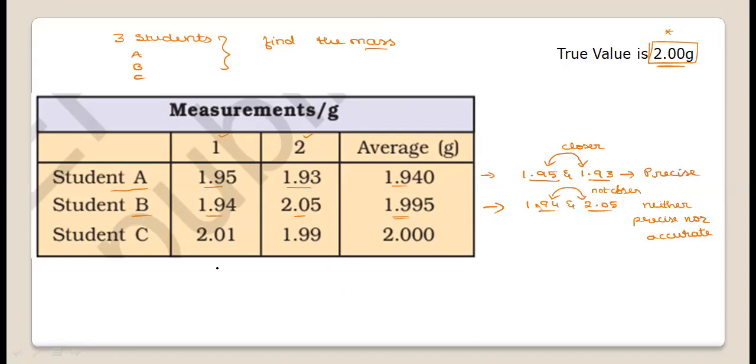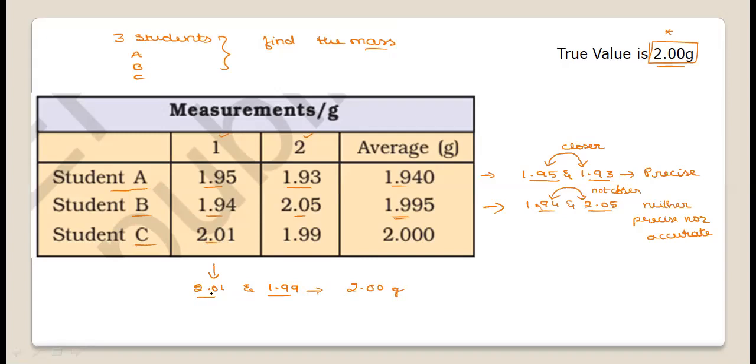Now, if you observe the student C data, the first value is 2.01 and the second value is 1.99. These are very close, and the difference is 0.02. If you take the average of these two, it is in agreement with the true value 2 grams.